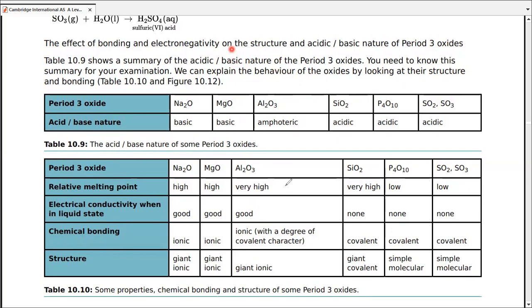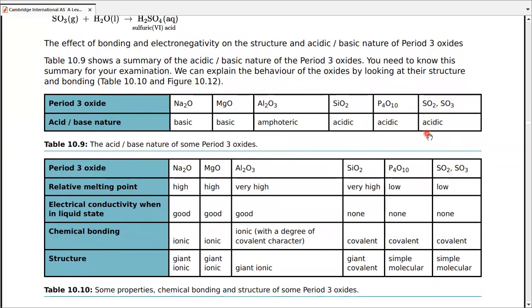Because of Al3+ and strong attractive forces, these ionic bonds are stronger than in magnesium oxide or sodium oxide. I hope you get the previous point we discussed. However, for P4O10, SO2 and SO3, melting points are low because they are simple molecular structures.